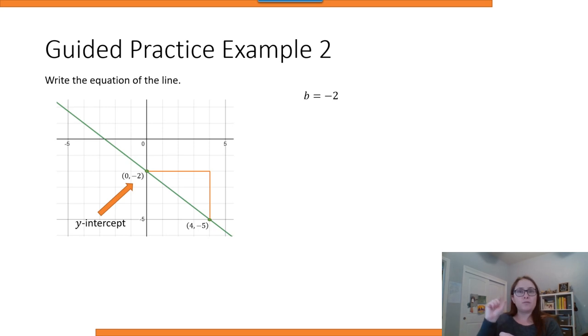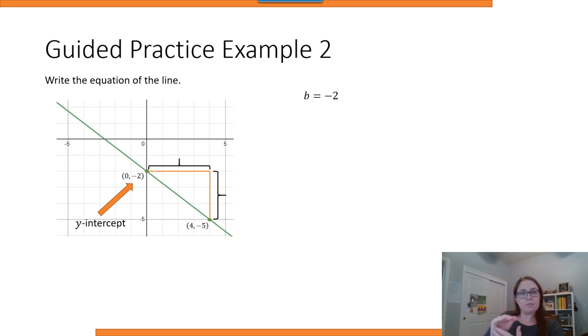Now, we have that formula, the difference of the y's over the difference of the x's for slope. Another really common way we refer to the calculation of slope is the rise over the run, or rise divided by run, where rise is the vertical distance that we go from one point to another, and the run is the horizontal distance from one point to another.